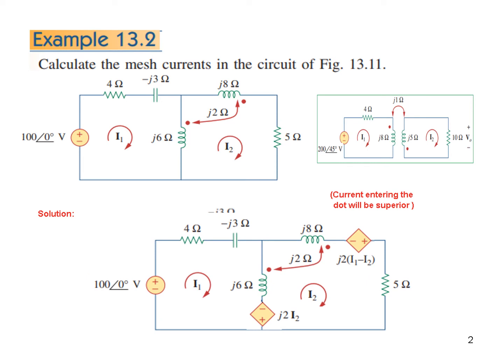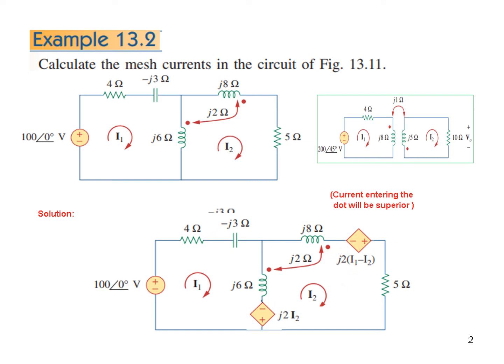What about this voltage? This voltage depends on these two, and we have already mentioned that I1 is superior. So I1 is entering the dot. That means the dotted side will be positive, that means the right hand side will be positive.